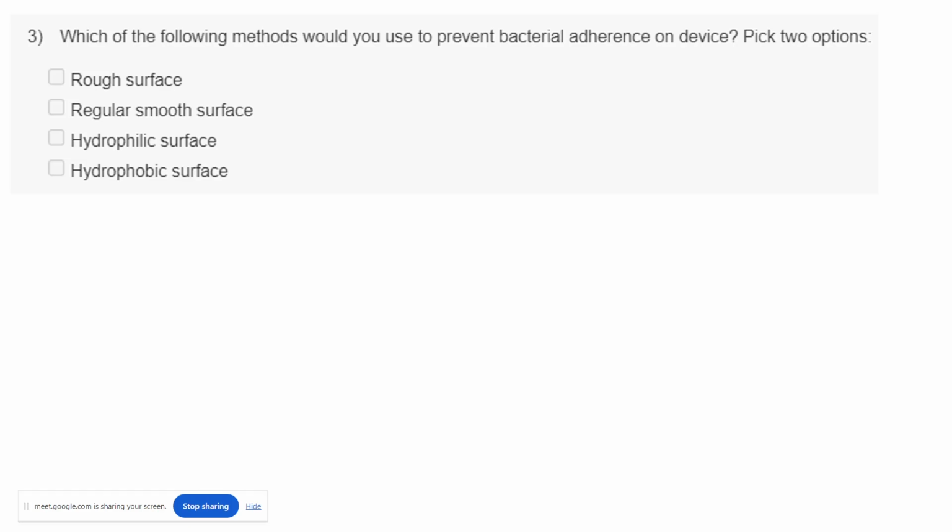Okay, we have our next question. Which of the following methods would you use to prevent bacterial adherence on device? You have to select two correct options.